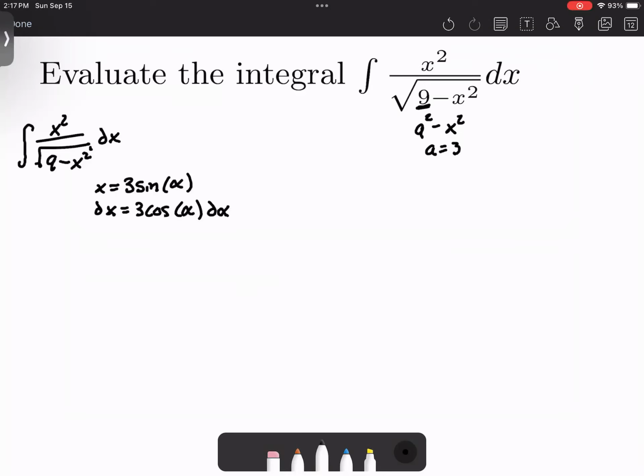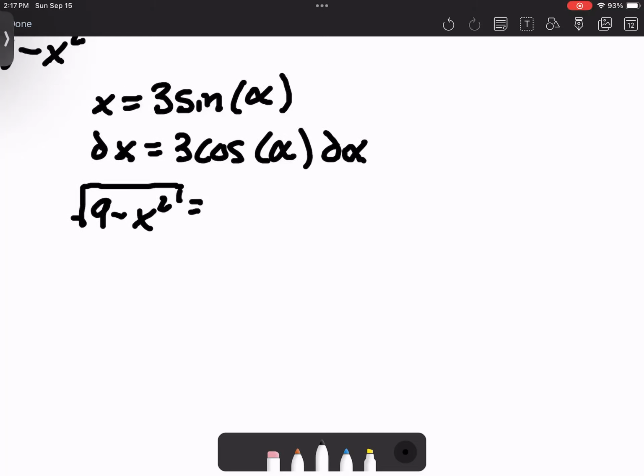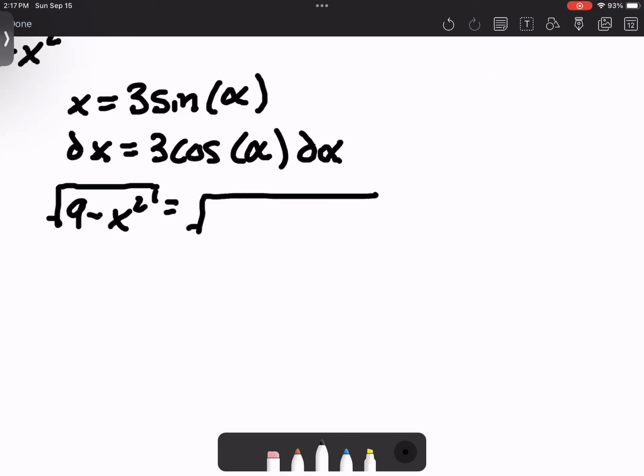So I want to go ahead and replace everything at once. Let's say that the square root of 9 minus x squared, if I replace my x with 3 sines, this is 9 minus x squared is 9 sine squared.